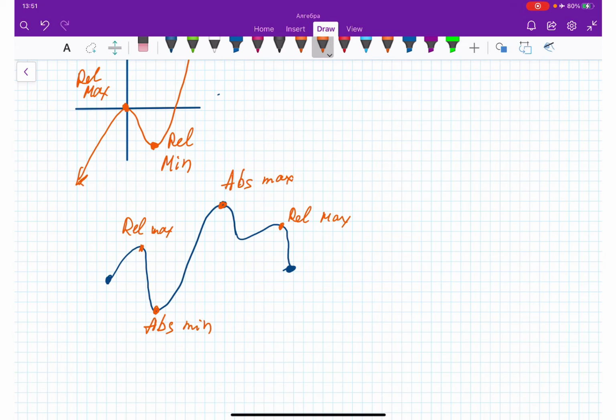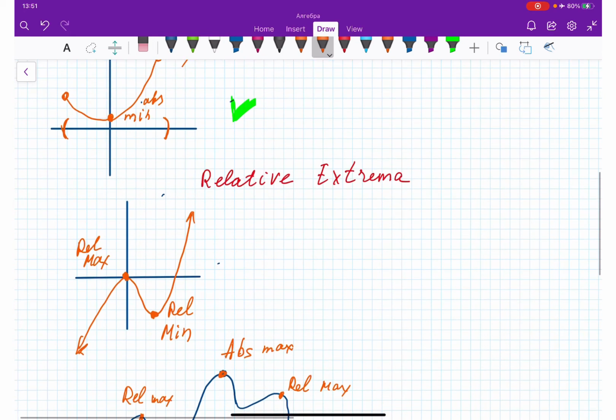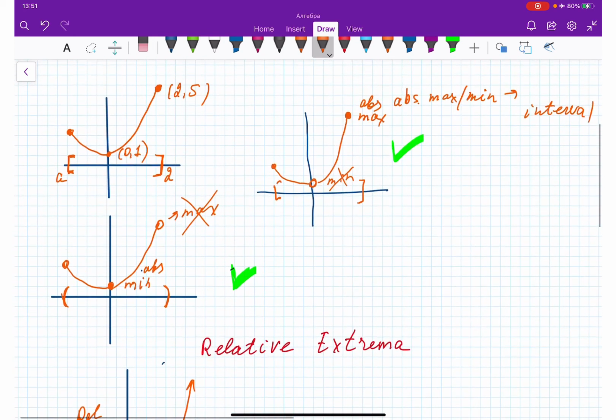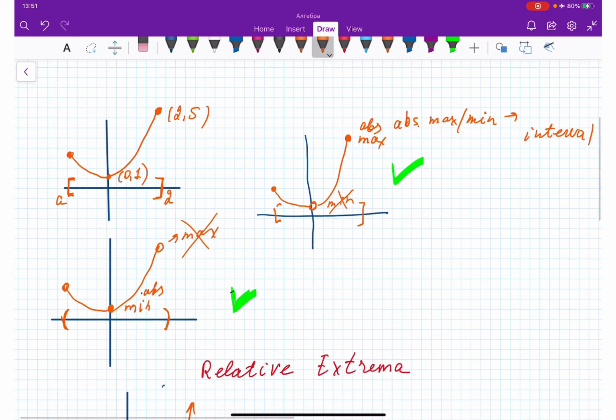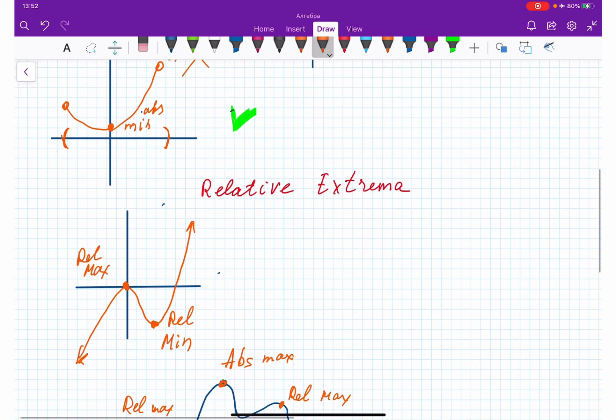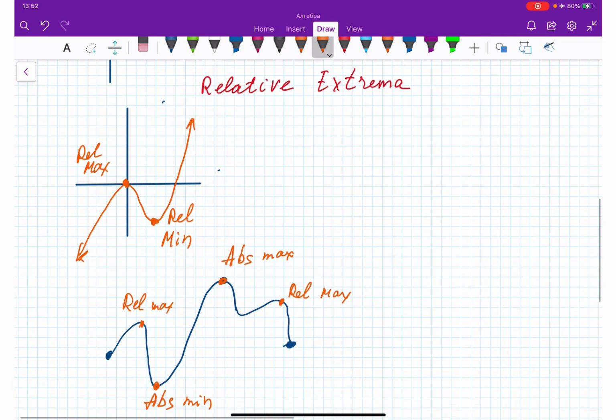For example, if we look at this one graph, see, we have on endpoint, this is the maximum, right? This is our absolute maximum. And it's on endpoint, correct? Or if I have a graph like this, let me draw here.